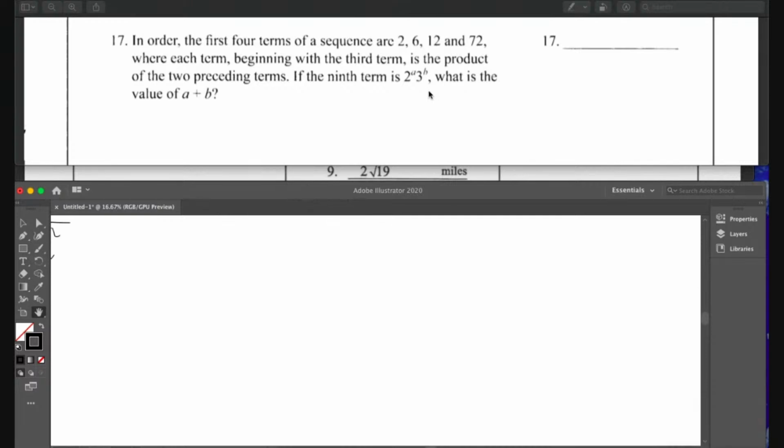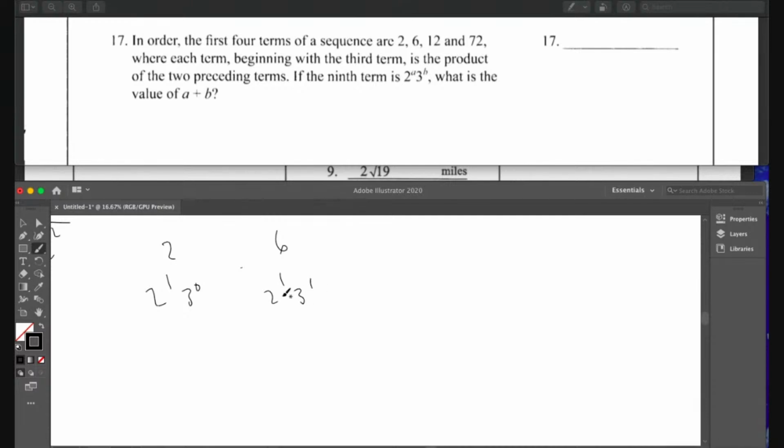What we can do here is we can just keep track of all these terms and how many factors of 2 and how many factors of 3 they have, right? So 2 is going to be 2 to the 1 and 3 to the 0, and then 6 is going to be 2 to the 1 and 3 to the 1.